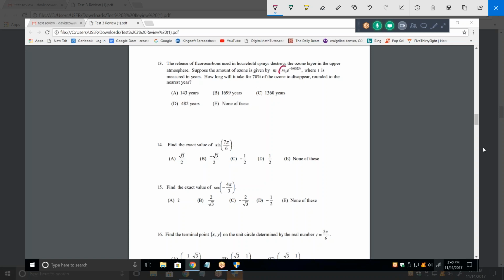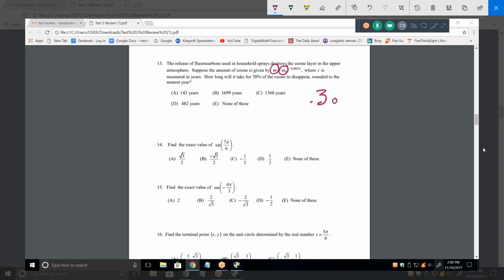That's the initial ozone layer. They want to know how long it will take for 70% of the ozone to disappear. So what's M going to be? 70%? No, not if 70% is disappearing. How much is going to be left? 30%. So we have 0.3 times the ozone layer amount.